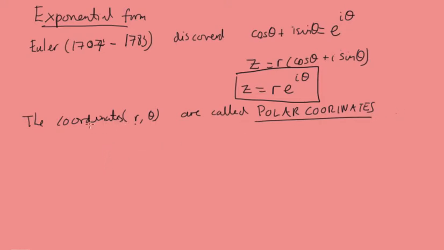So when we have the modulus argument form and the exponential form, we're dealing with r and theta. So we're dealing with the complex number in its polar forms. These are the two polar forms. But when we just have z equals x plus iy, we've got the Cartesian form and we've got Cartesian coordinates.